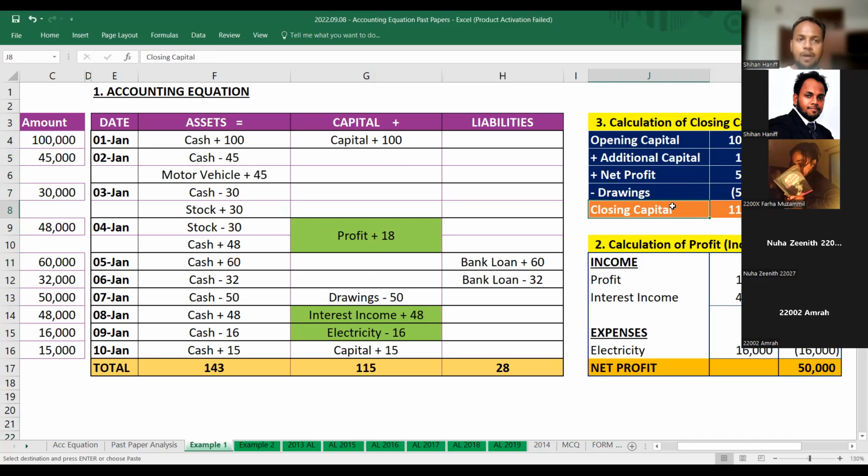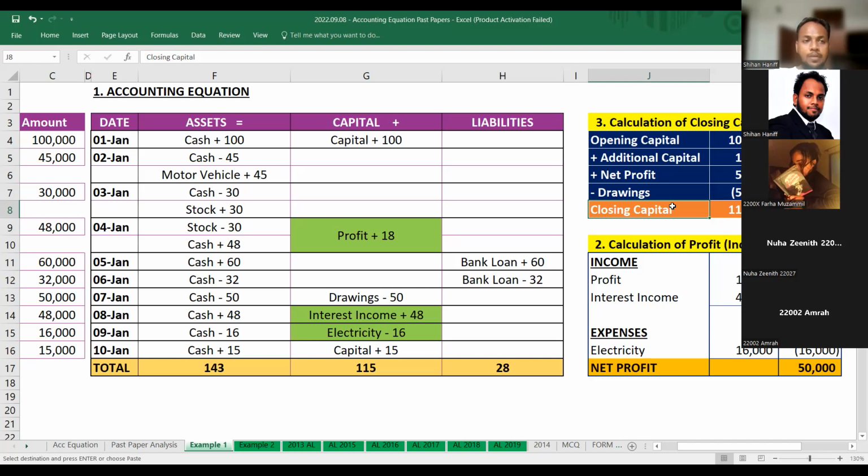That's number 3. Number 1, we did the accounting equation. Number 2, we calculated the profit using the income statement. And number 3, we took the summary to calculate the closing capital: opening capital plus additional capital plus net profit minus drawings. Then the same thing we can write in an equation.